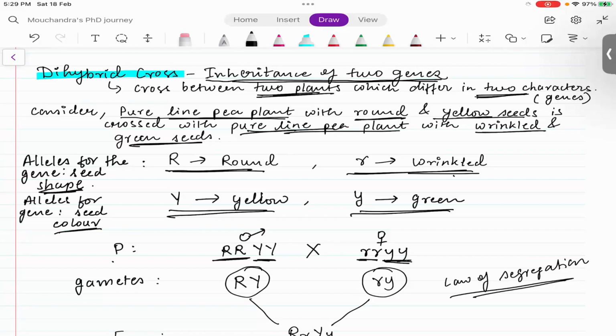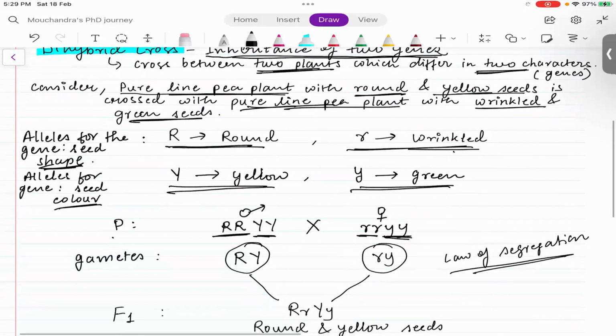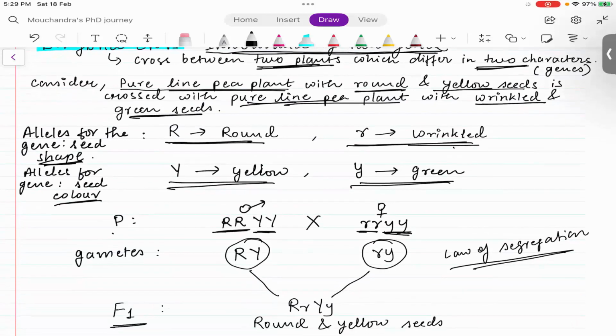So RY is the gamete from the male plant, and ry is the gamete from the female plant. In the F1 generation, the genotype is capital R, small r, capital Y, small y. This is the genotype of all the F1 plants.